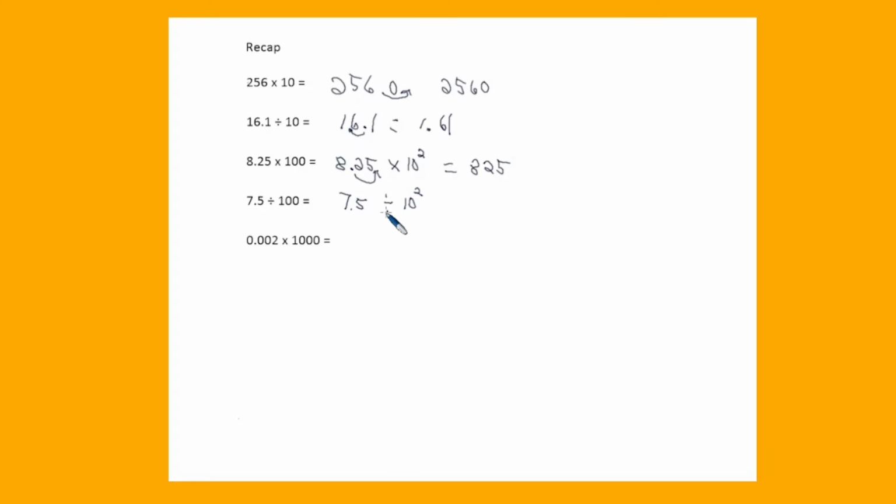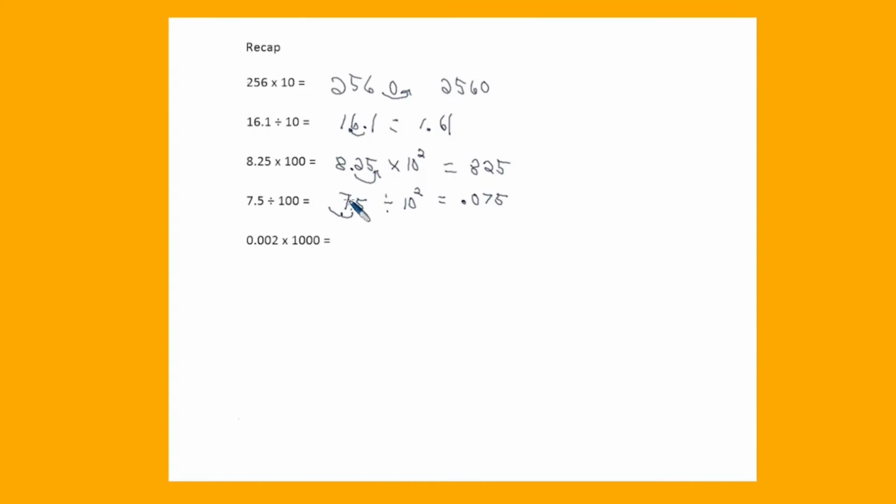Of course, when we divide, we're going to move the decimal place 2 places to the left. That's 1, and that's 2. So that means that we would have to add a 0 onto the end. So we would have 0.075. So there's your 7.5 divided by 100. Start there, and we go 2 to the left.